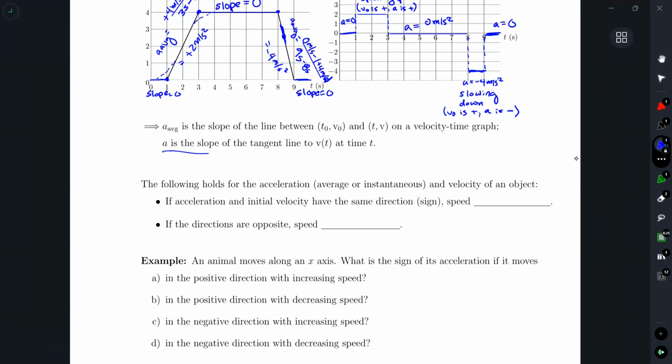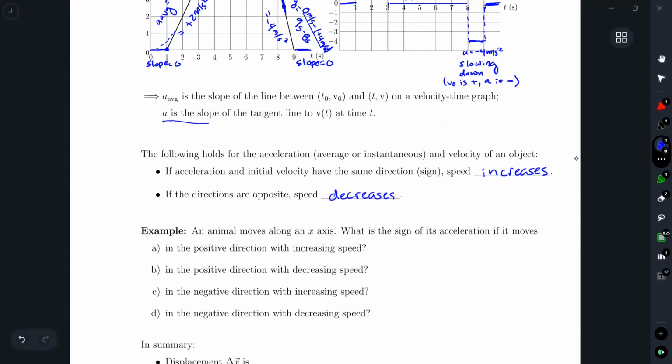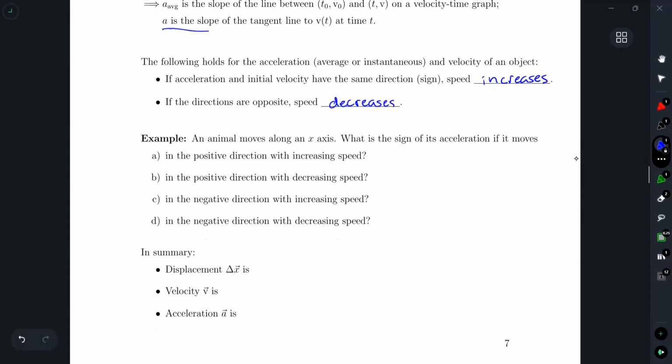If you have acceleration and initial velocity in the same direction, what happens to something's speed? It increases. Yep. And if the directions are opposite, it decreases. That goes no matter what your pairing of directions are. So keep that in mind for this example.